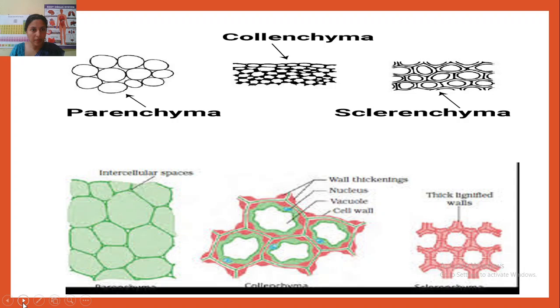In the parenchyma, as I said before, the cells are isodiametric in shape, and the intercellular space is present. In the collenchyma, you can see that the corners are thickened. In sclerenchyma, it contains very thick lignified walls.